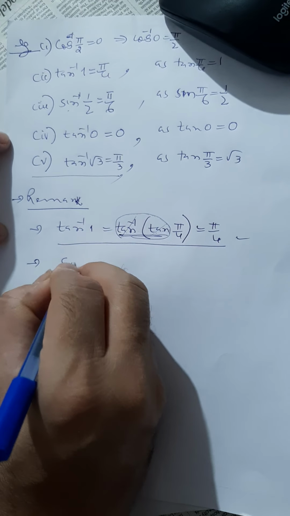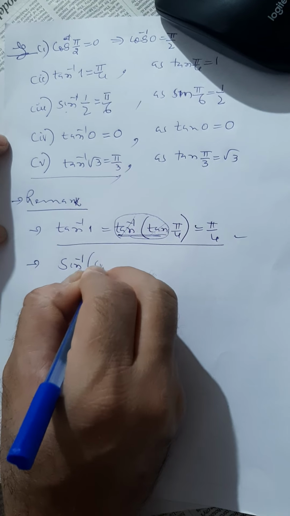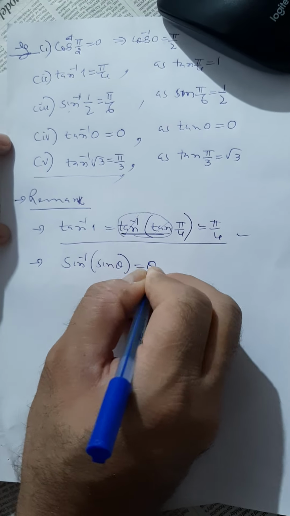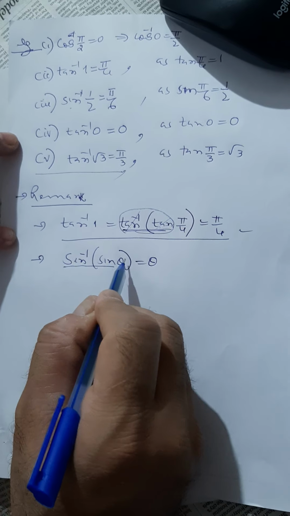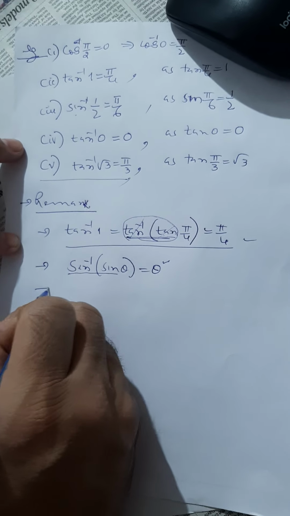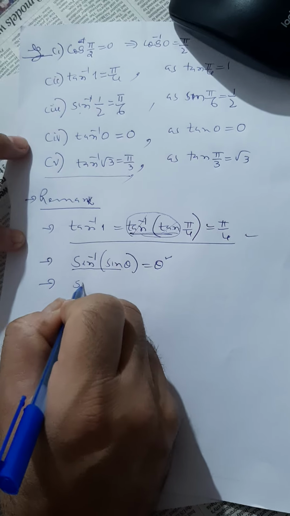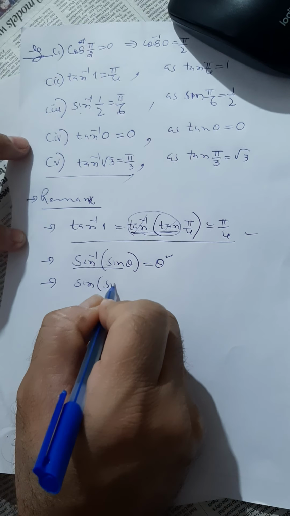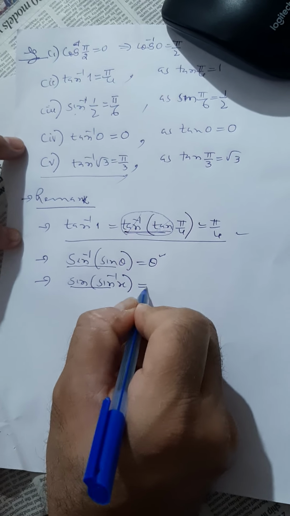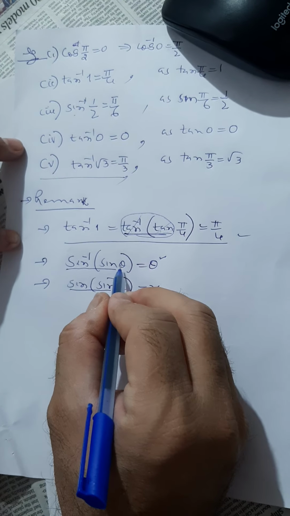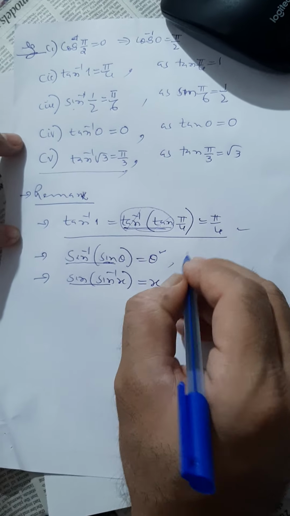So this is always true. Sine inverse of sine theta gives you theta. So composition of function and its inverse gives you that value. Even if I do reverse, sine of sine inverse x, again this will get cancelled, you will get x, remember. Your theta should come from the domain of sine function.